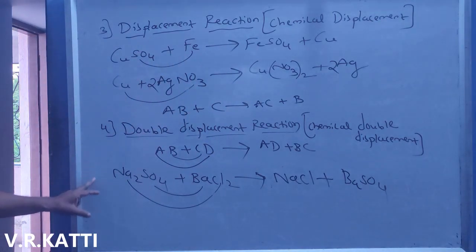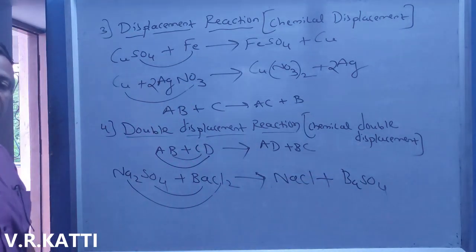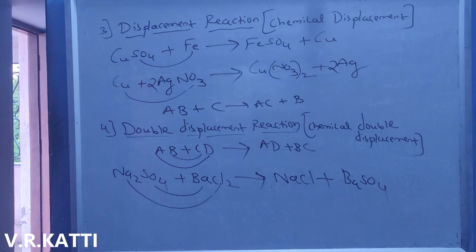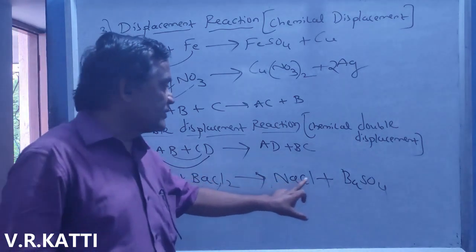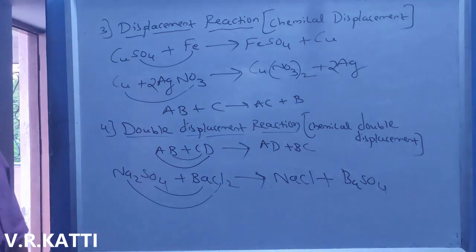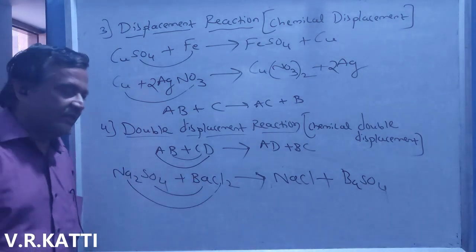Now students, for balancing, two sodium atoms, two chlorine atoms, but here single sodium and single chlorine. So you have to make it 2 Na, 2 Cl.